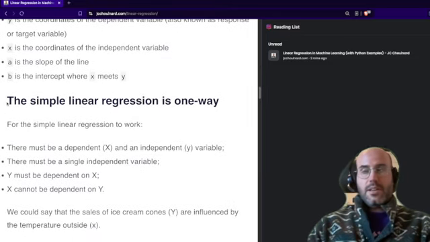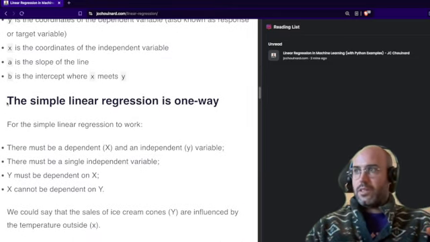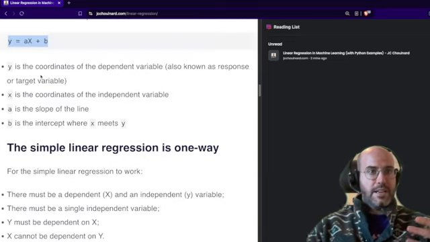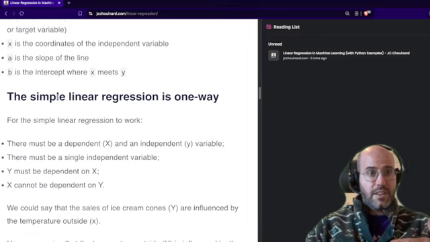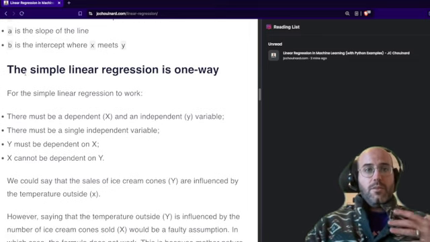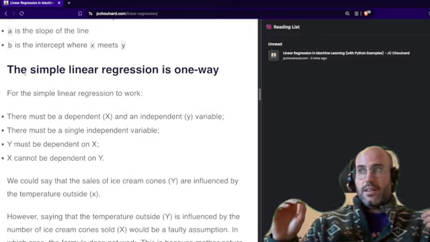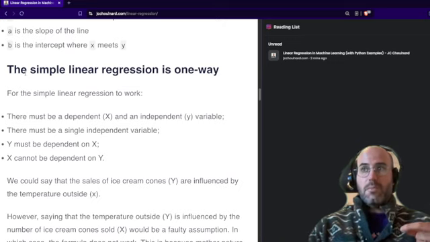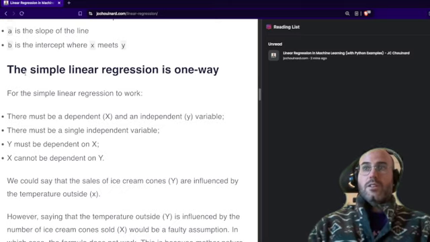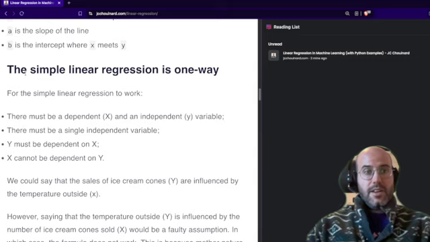And we come back to that principle, now that we know this, to how we calculate that linear regression line. One thing to understand is that it is one way. There must be an independent variable and a dependent variable, and there must be a single independent variable. So y must be dependent on x, but x cannot be dependent on y.